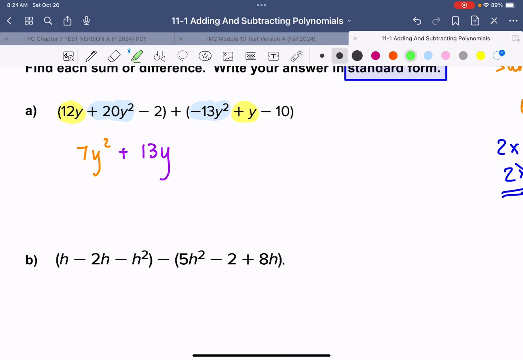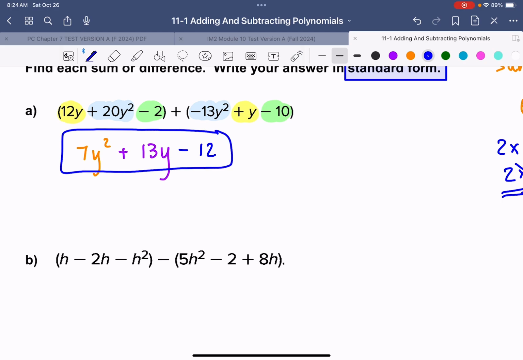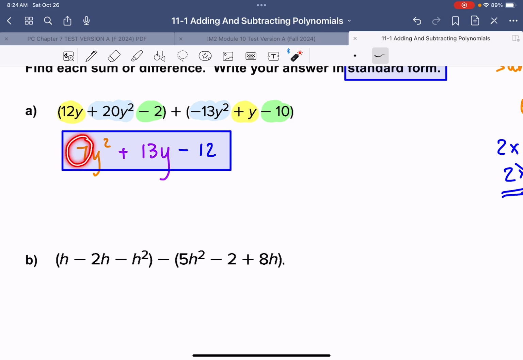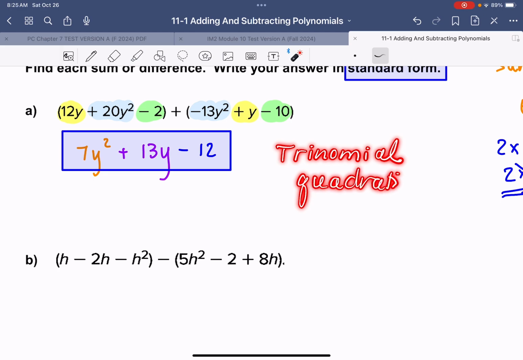And last but not least, we have minus 2 plus 10, which will be minus 12. Now notice I have written this in standard form, highest degree to lowest degree. And if I ask you what the leading coefficient is, that would be 7. Okay. I could also ask you to classify it. This is a trinomial, and it's quadratic. Okay.